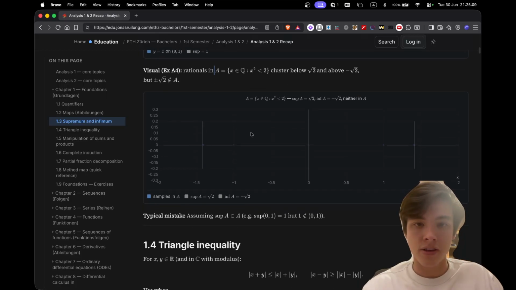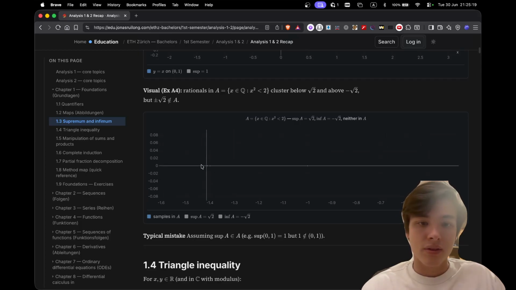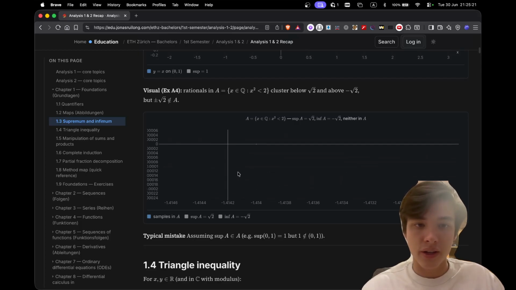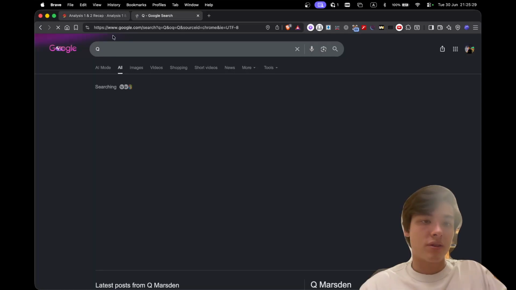Yeah, here's another visual example, I guess. What is this? X cubed for them to be smaller than 2. X squared. So the square root of 2 does not belong to A because it's not a, what is it called, quotient or whatever.